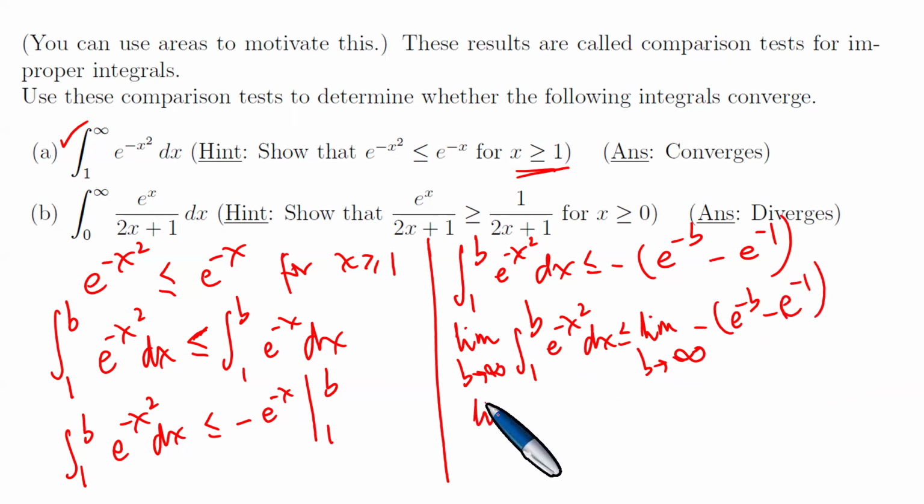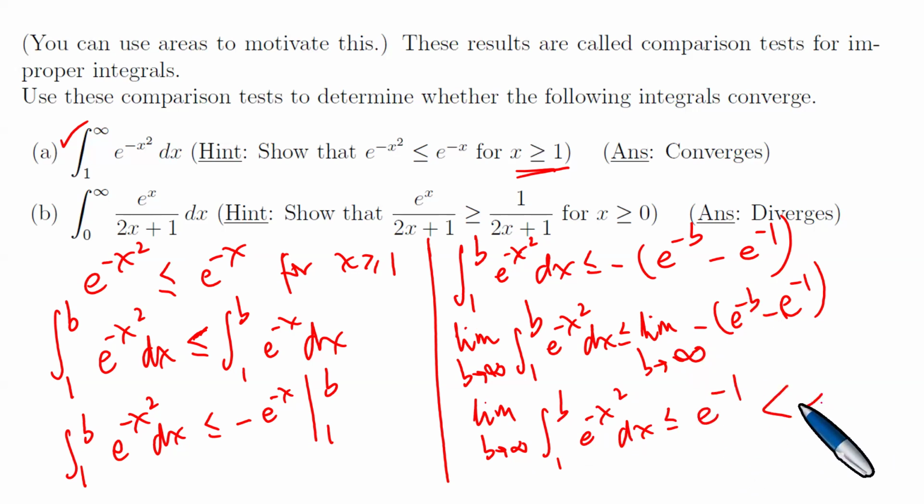And if you have the limit, e minus that, okay, as b approaches infinity, this is going to be 0, and it's going to be e to the minus 1, which is a finite number.